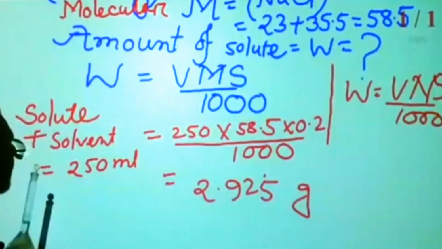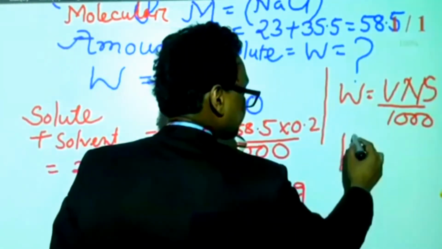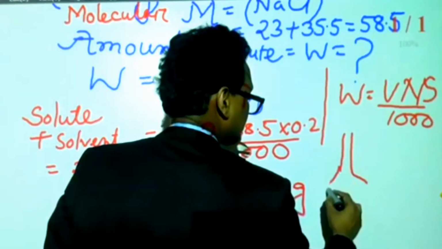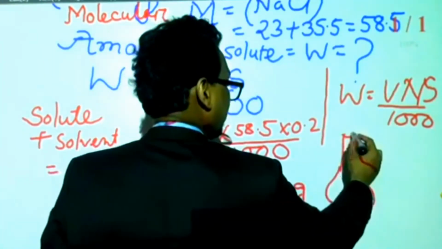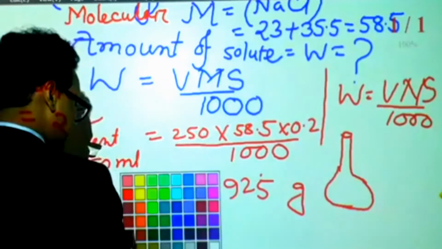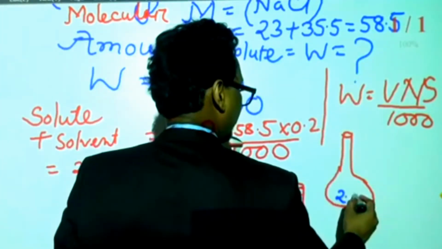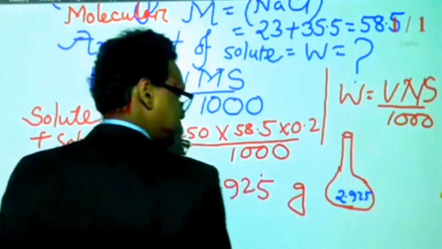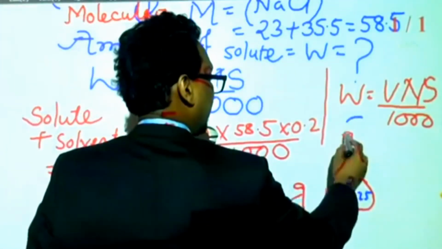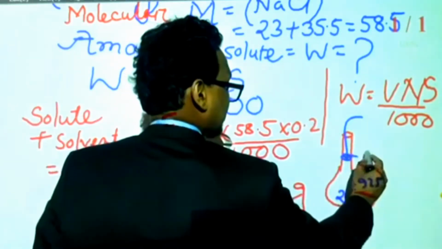So at first we have to take such a kind of volumetric flask of 250 milliliter. Here we have to take 2.925 gram of sodium chloride, and then we have to pour the water up to 250 milliliter.